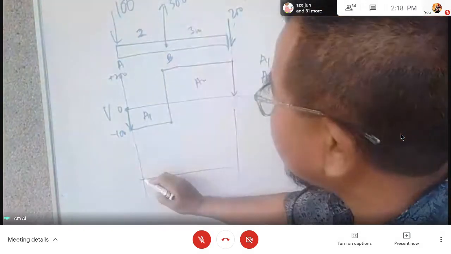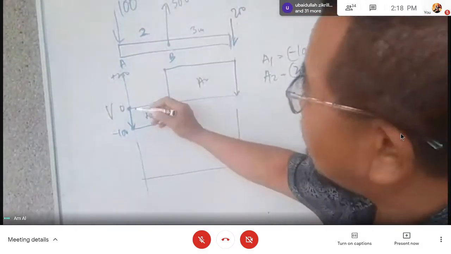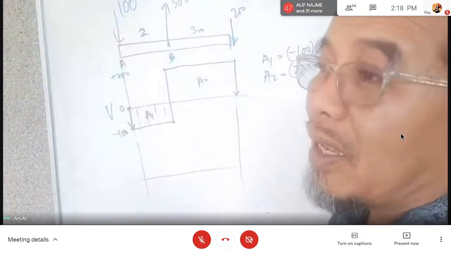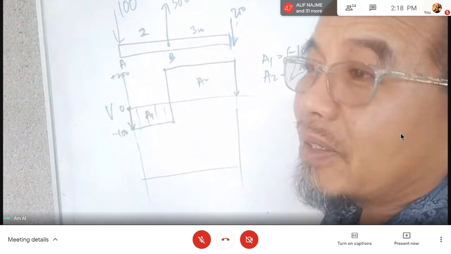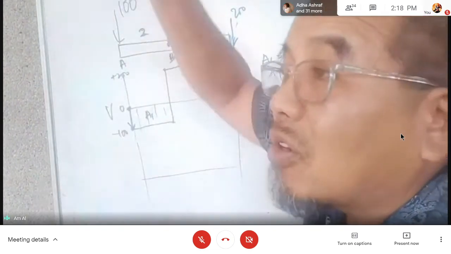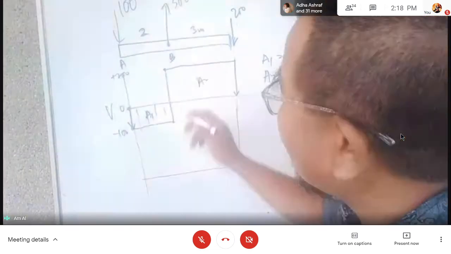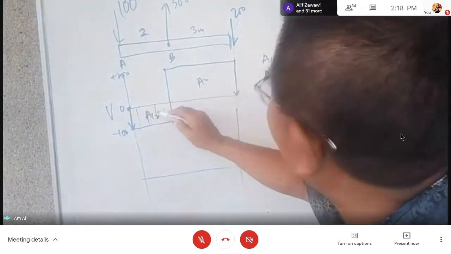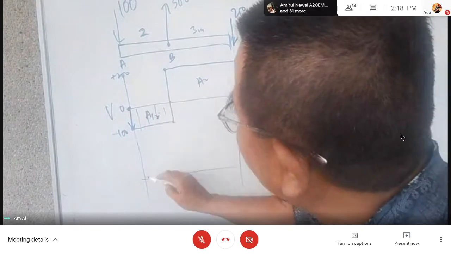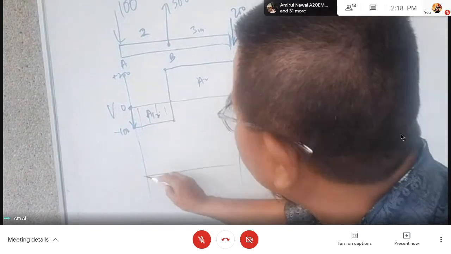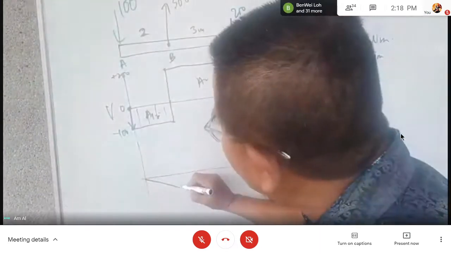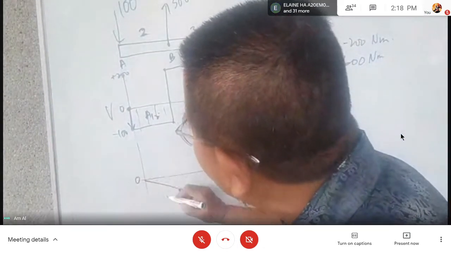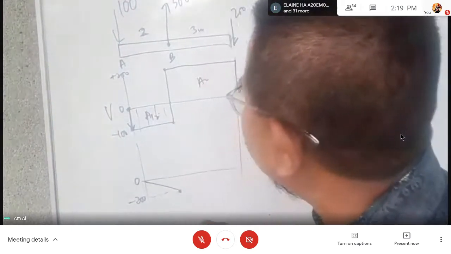So what happened here? You go down. See that the change in the area is constant, so the line must be a straight line. It's not a jump. You must go down slowly. So from here to here, you go down 200. This value must go from 0 down to negative 200.